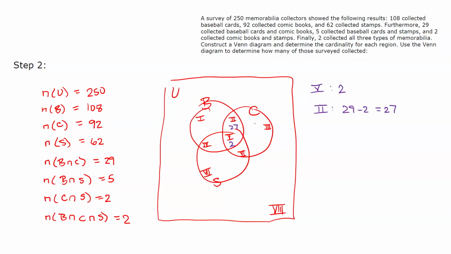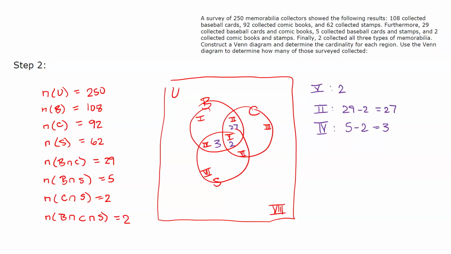That way, the complete intersection between B and C equals 29. Next, we'll go to number 4. Number 4 is a part of the intersection between B and S. B and S is 5. We already have 2, so the remaining is 3.